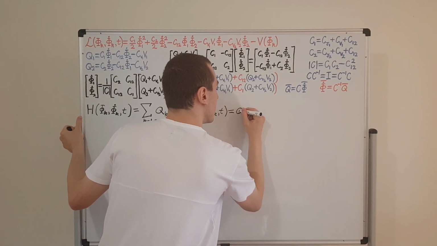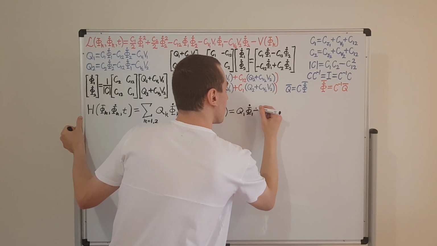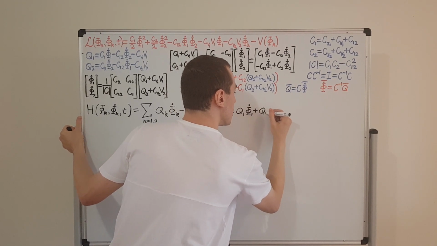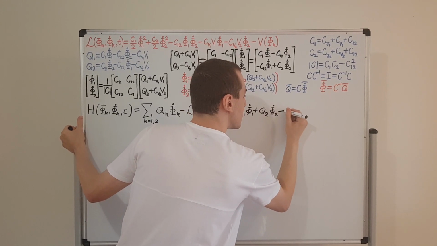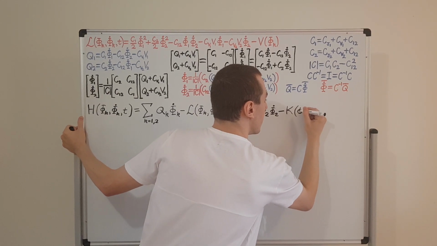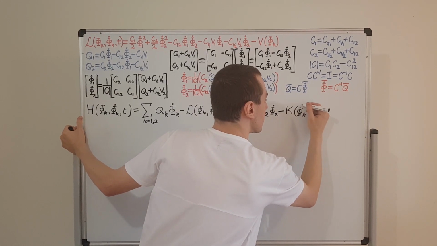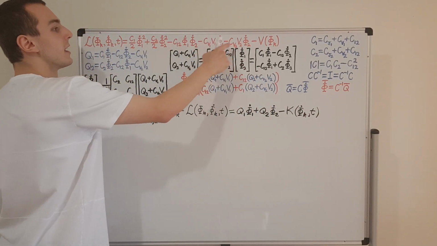We're going to have Q1 phi 1 dot plus Q2 phi 2 dot. And then we have to subtract the kinetic energy, which depends on phi k dot, and there's also an explicit time dependence coming from V1 and V2.